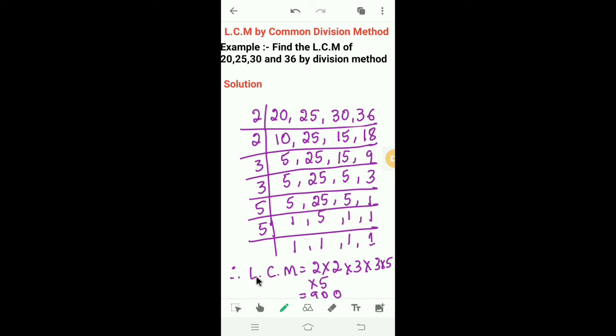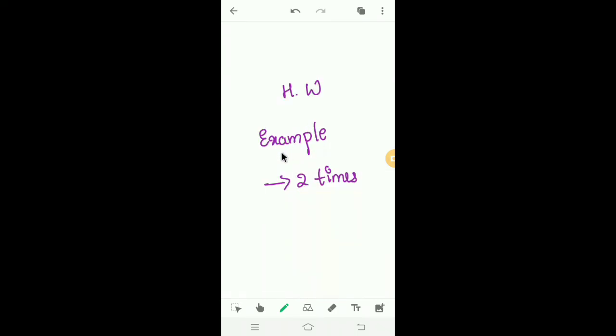So 900 is the LCM of 20, 25, 30 and 36. Practice example 2 times in your rough book.